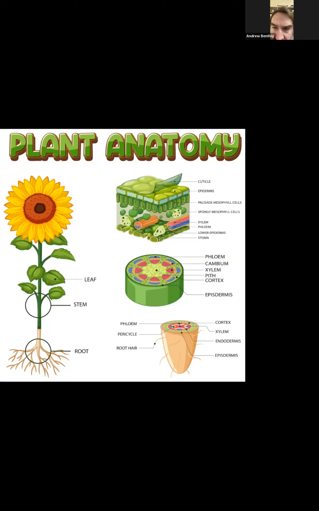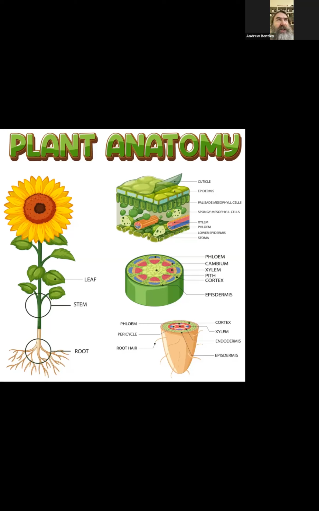And then under the epidermis, you have the mesophyll, which here they've got spongy mesophyll cells and palisade mesophyll cells, which are two different types. But mesophyll just means the middle, the inner part of the leaf. And included in that, you have the leaf veins, which are vascular tissue, which would be the xylem and phloem you see below that.